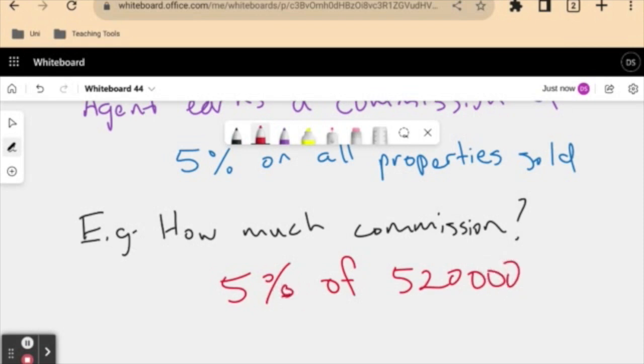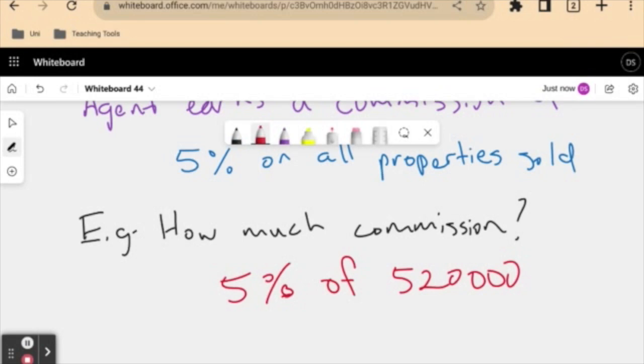And that's exactly what's happening here. This is just a worded way of asking a percentages of a quantity question that we have already dealt with. And that is the essence of commission. So people receive commissions as a percentage of the price something is sold for.